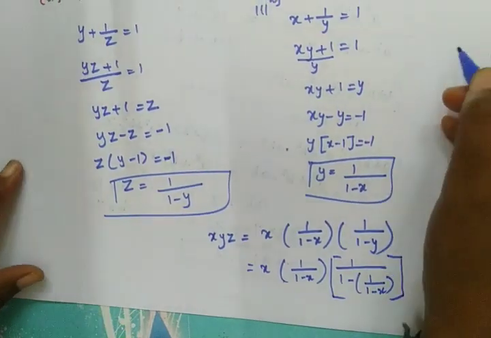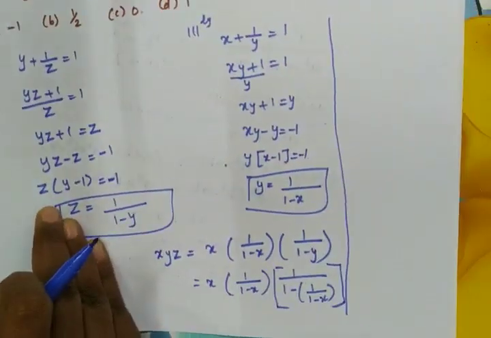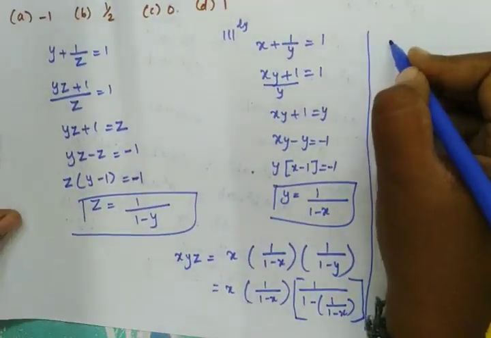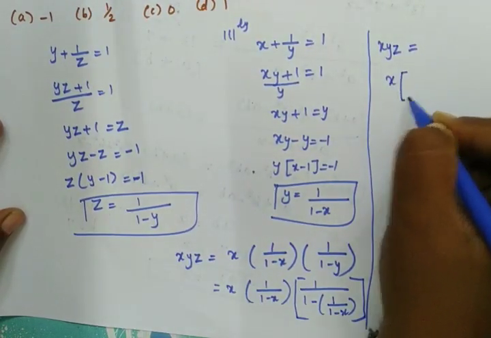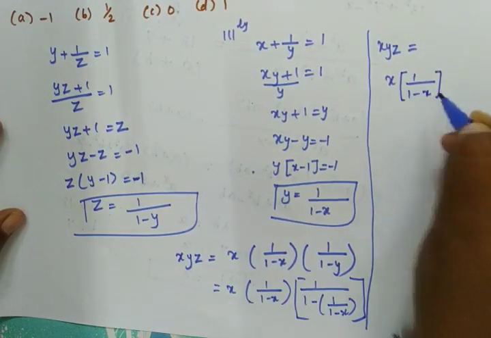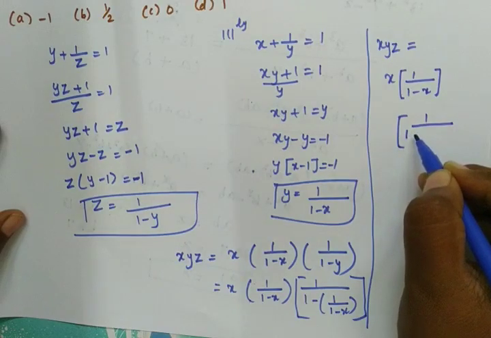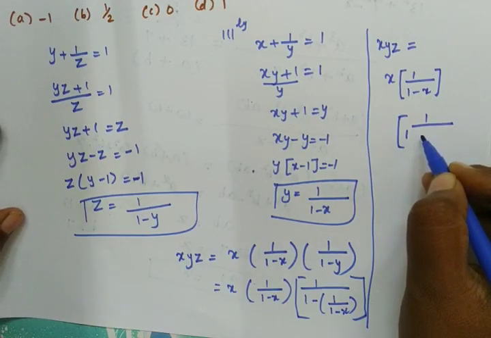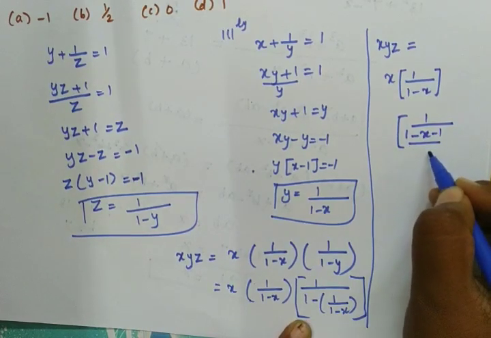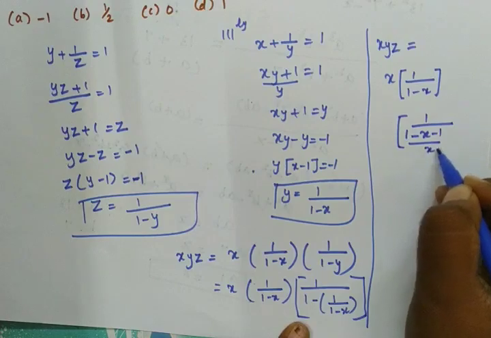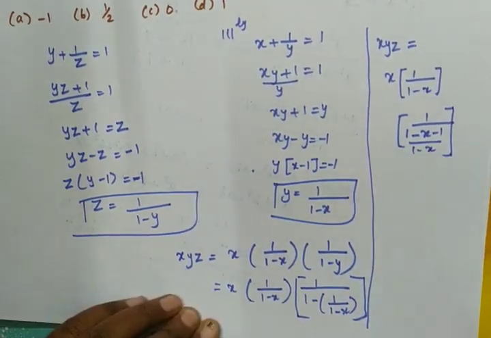Now cross multiply this. So xyz is equal to x into 1 by 1 minus x into, now cross multiply this. So 1 divided by 1 minus x minus 1 by, here we have 1 minus x.